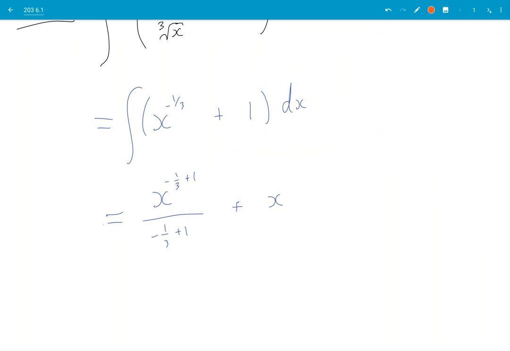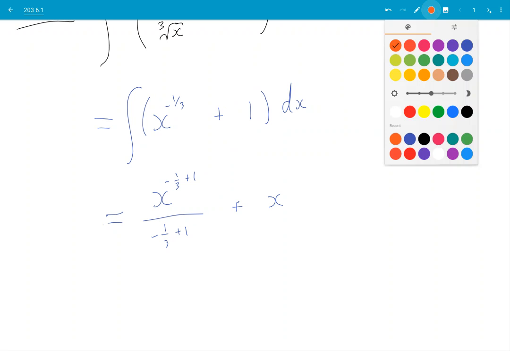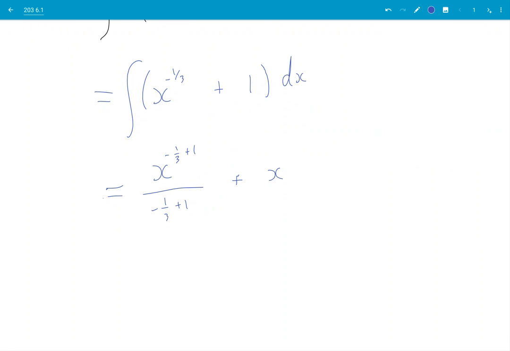To see that, we'll do a derivative here. What is the derivative of x? It's 1. Where was I? x to the 2/3, all divided by 2/3, plus x. Cleaning this up, I get 3/2 x to the 2/3 plus x plus c.